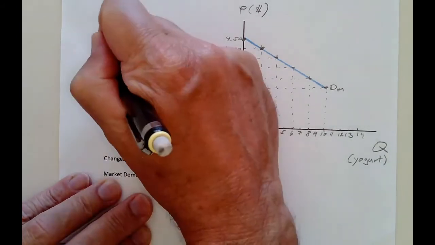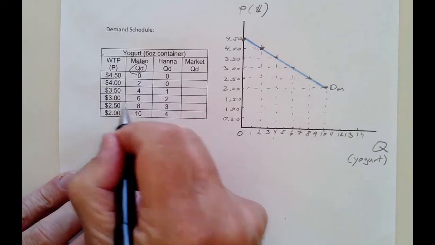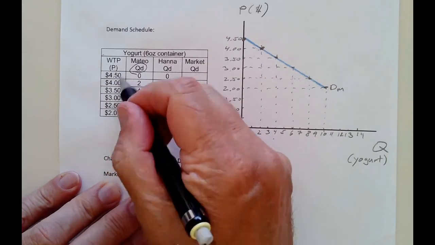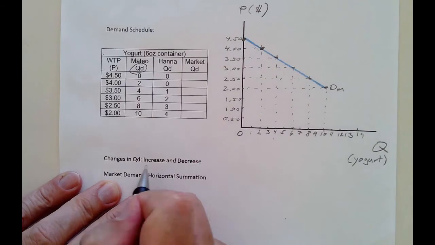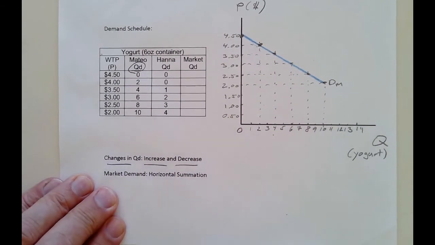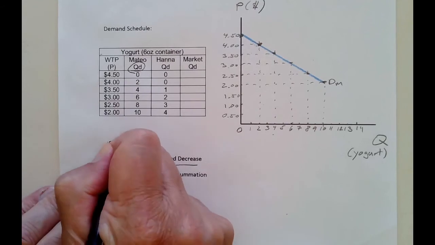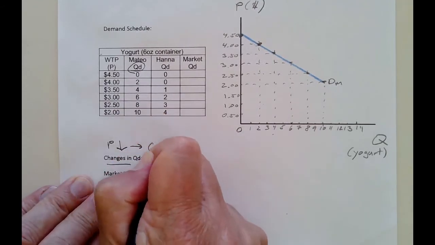Demand is these 2 columns. And I've not changed anything about these 2 columns when I go up and down with different prices. So here we're changing the quantity demanded, not the demand. So if the price goes down from, say, $4 to $3.50, it's going to cause Mateo's quantity demanded to go up.